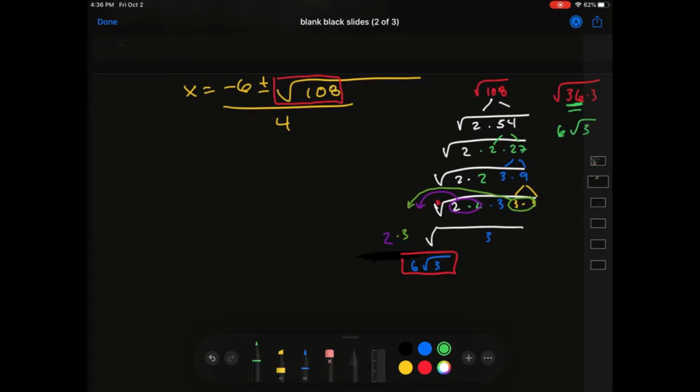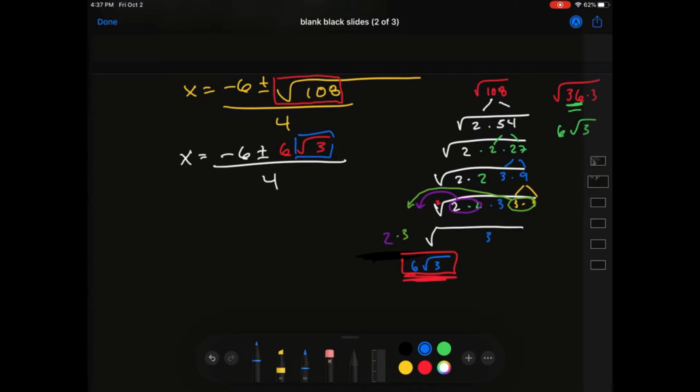We're still simplifying here on the left side. On the big problem, x equals negative 6 plus or minus, let's use now this one we just did, 6 radical 3 all over 4. Okay, this one usually baffles students. So what I'm going to do is factor out a 2. You can pretend that this box here is like an x.